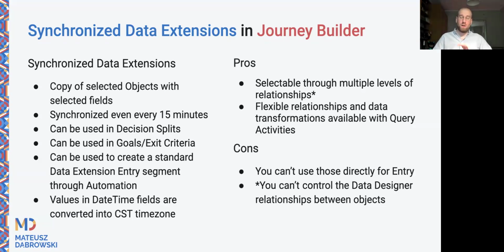Another thing is that when you are synchronizing data extensions, they automatically create their own relationships within the data designer, which is used for Journey Builder. And you can't really control those relationships.